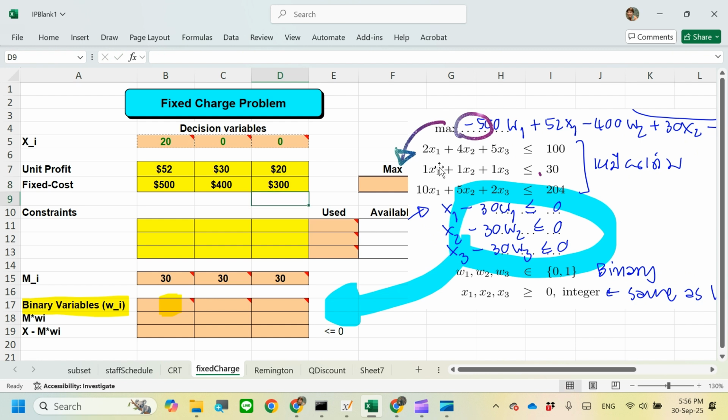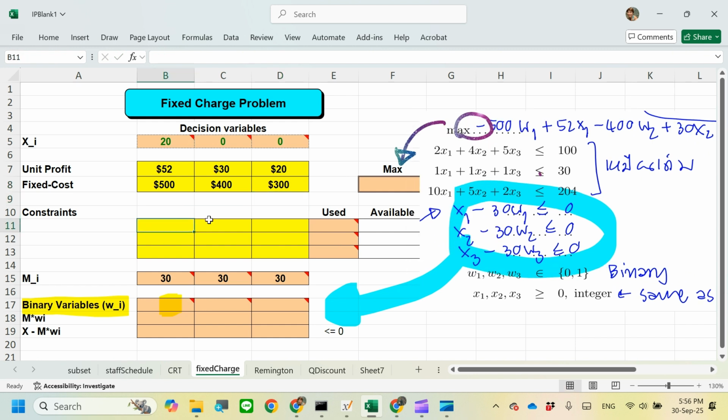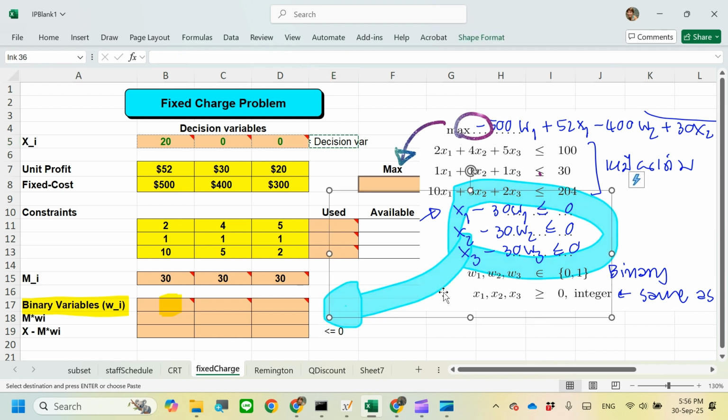And then we just put in the constraints: 2, 4, 5, 1, 1, 1, and then 10, 5, 2. And then M is just a large number that is an upper bound for all the x's. So we have these as decision variables, and we also have these as decision variables.